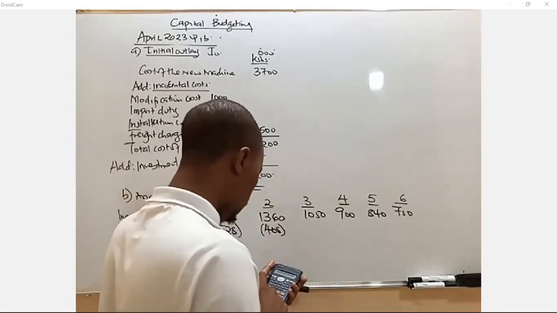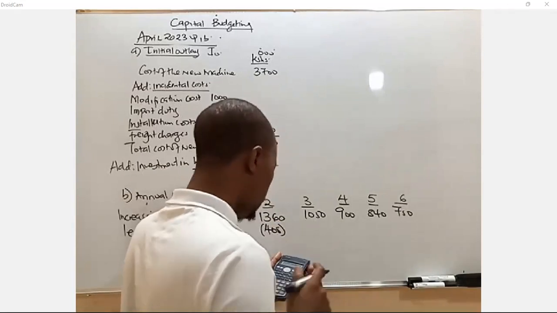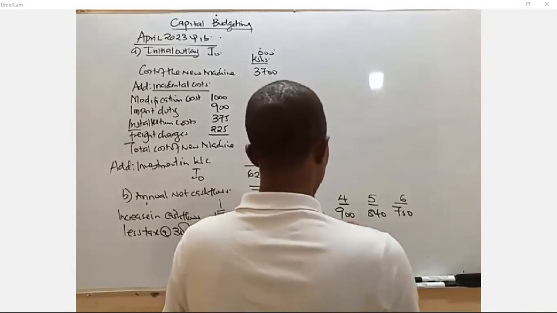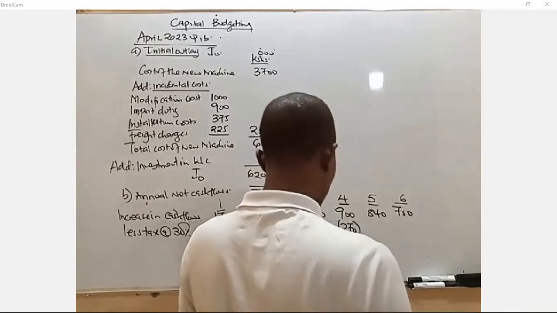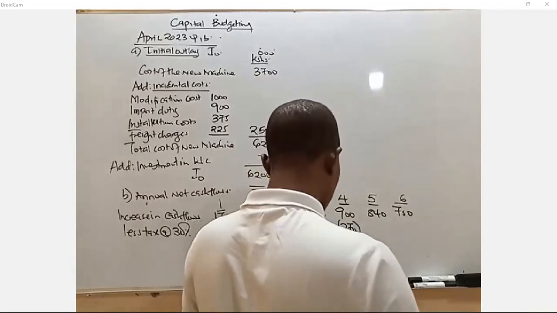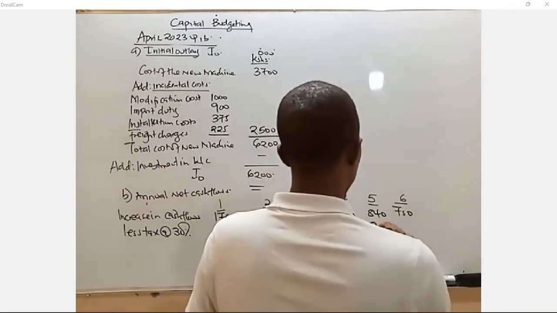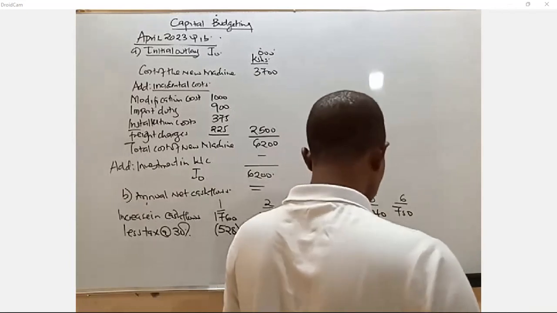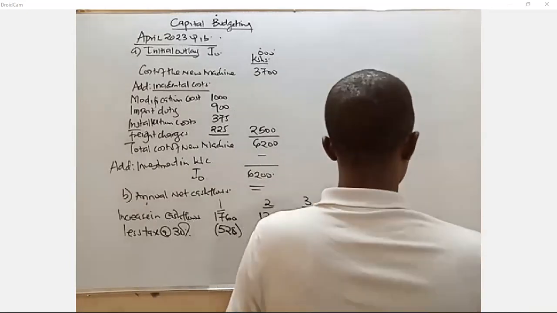Then the other one with 1050 times 0.3, we are getting 315. 900 is around 270. There we have 840 times 0.3, we are getting 252. Then we have 750 times 0.3, we are getting 225.